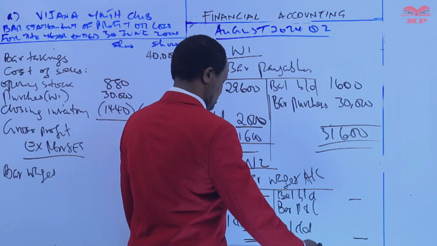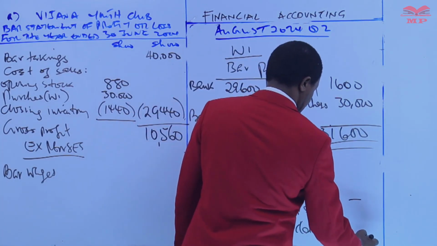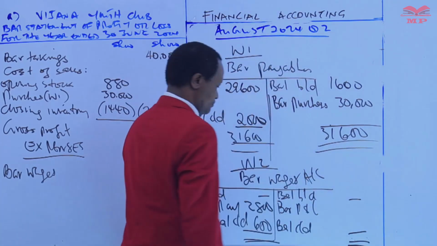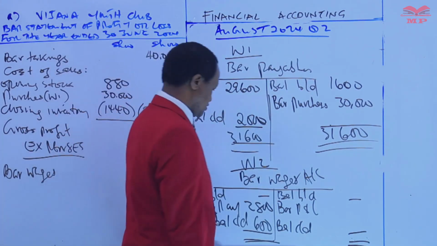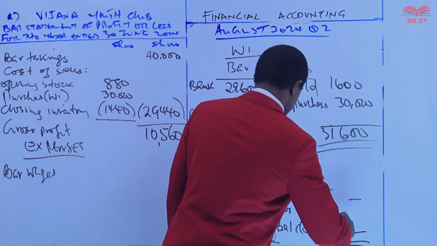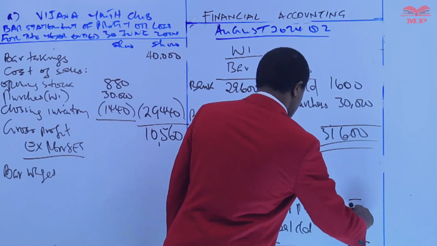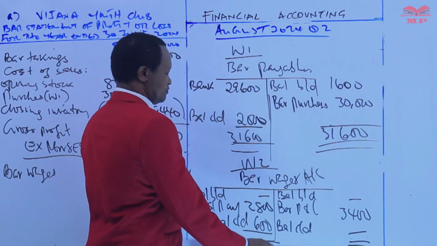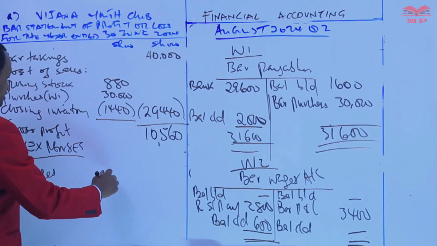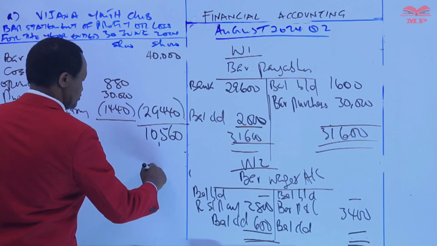What is the balance? The balancing figure. Give me the balancing figure. This is just 28 plus 600, is it not? It's 34. 34 is to be debited here.